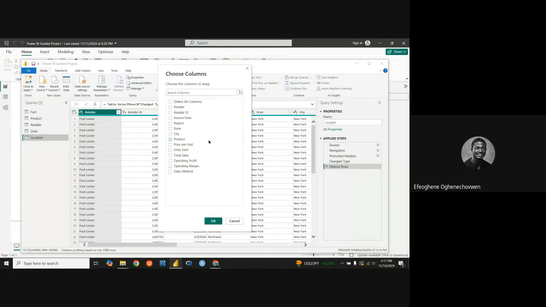Anybody? No one wants to give it a try? It's simple. From what I've been doing, we want to select the columns that are necessary in the table.